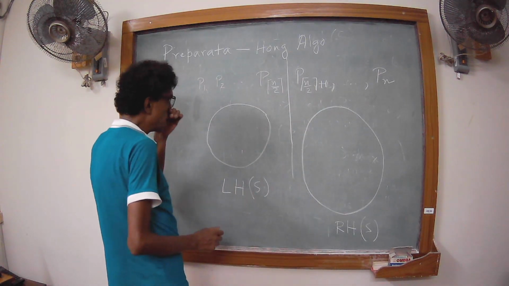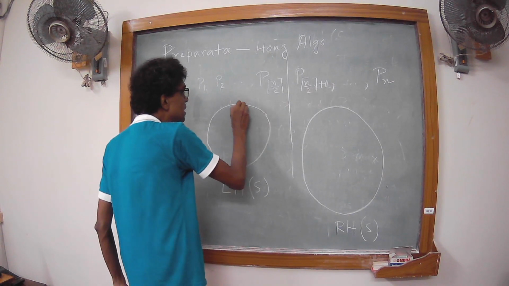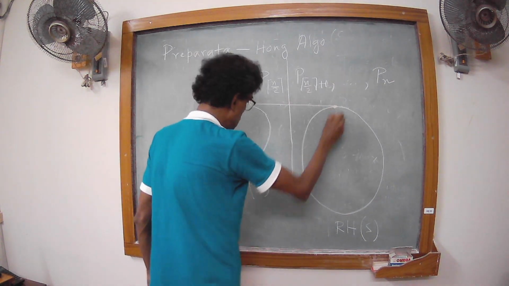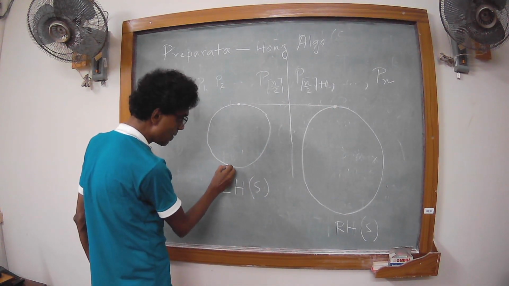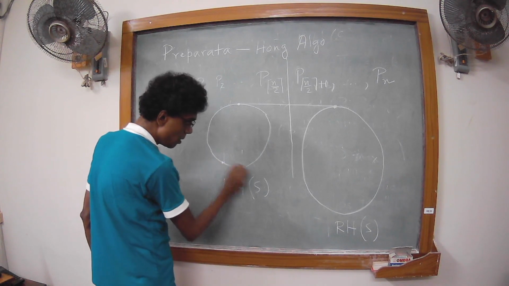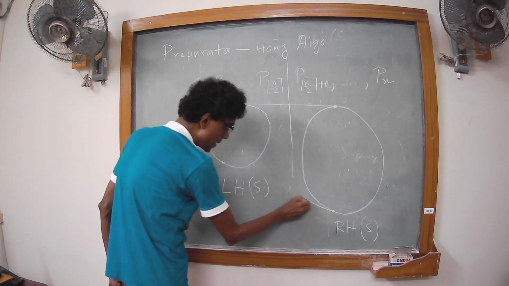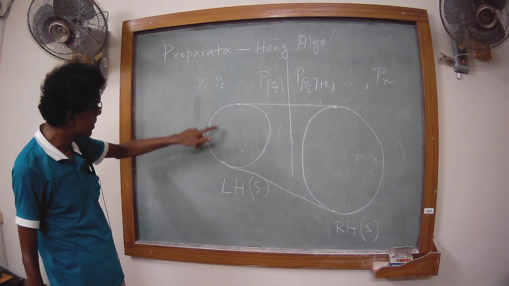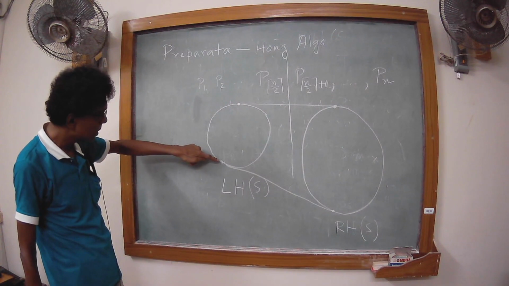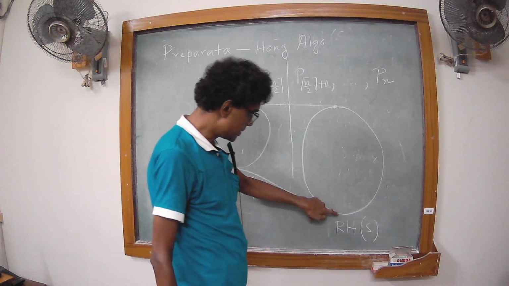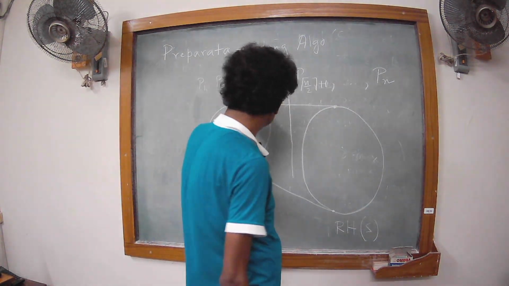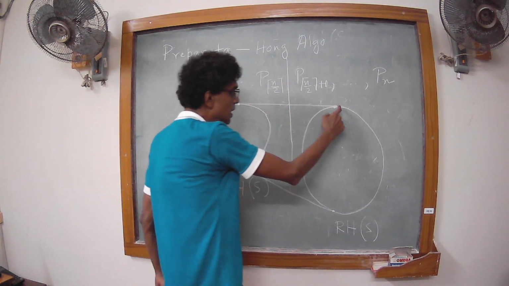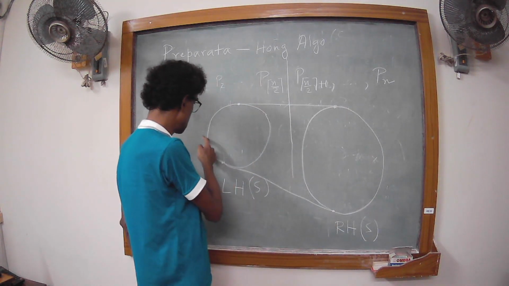Now, somehow I have to identify a point here and a point here. And if I connect these two, and likewise somewhere here, maybe here and here, connect these two. Then, if I keep only this part, then this edge, then this part, going in the clockwise direction, here, here, here, here, here.